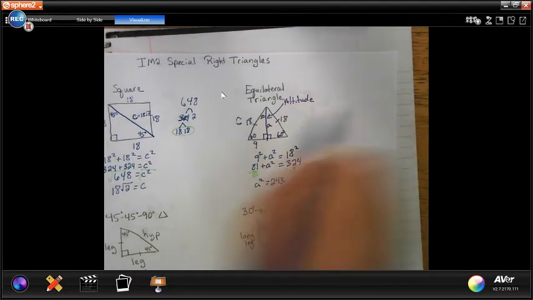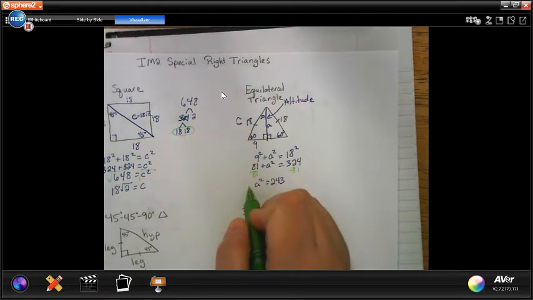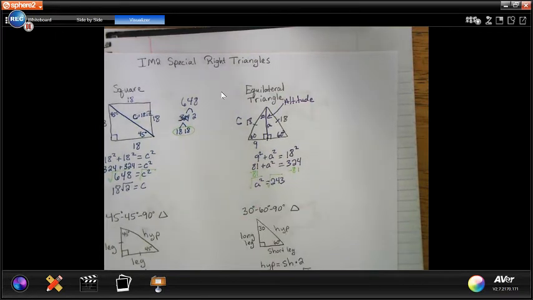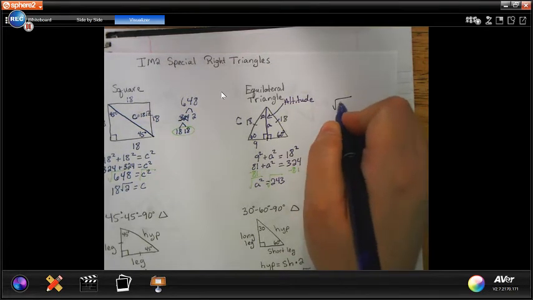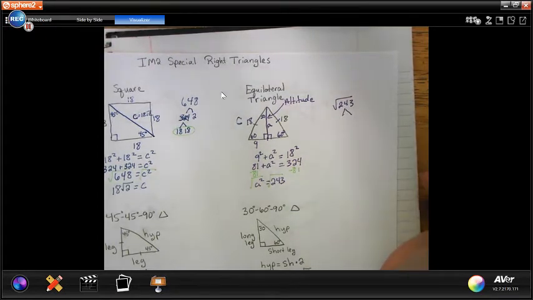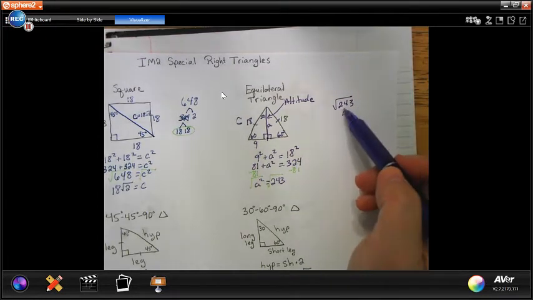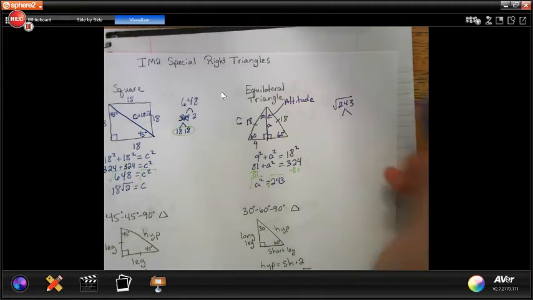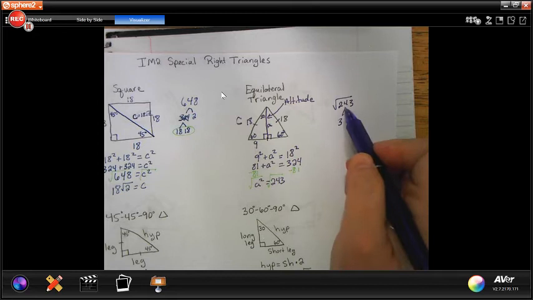So when I square root both sides, we need to do the square root of 243, which means breaking it down. I know 3 goes into 24 and 3 goes into 3, so I'm just going to reduce this by 3. Okay, 3 goes into 24 8 times, and 3 goes into 3 1 time.